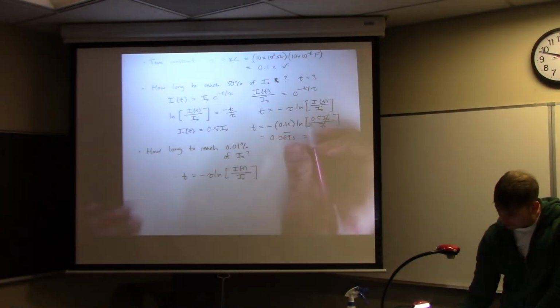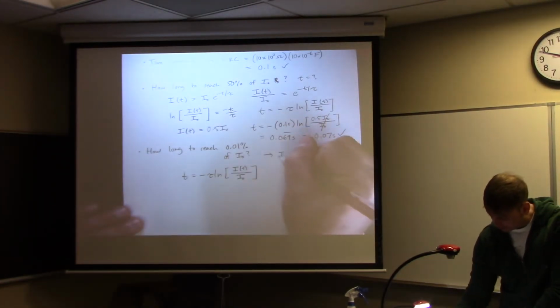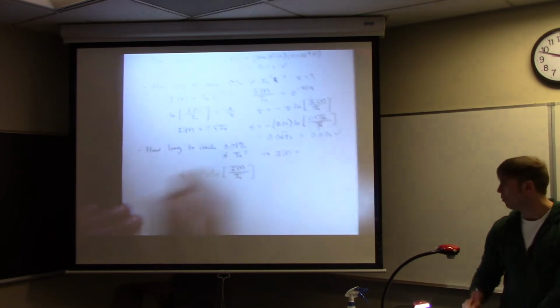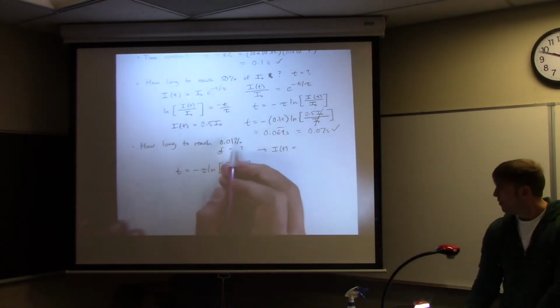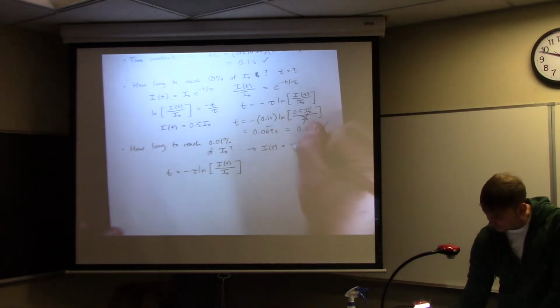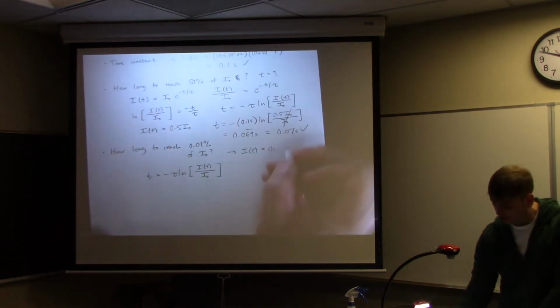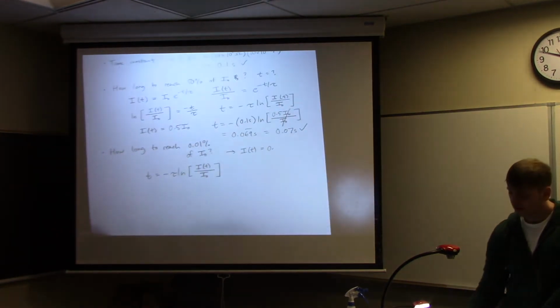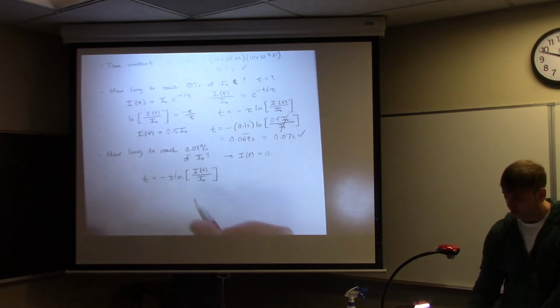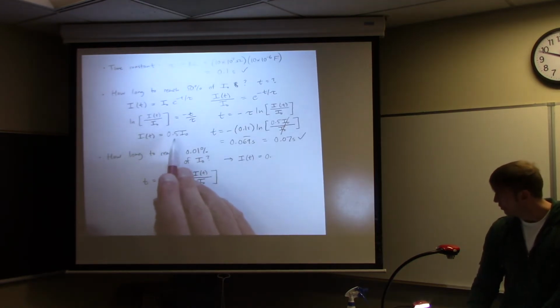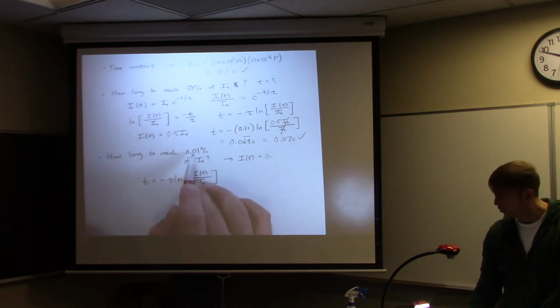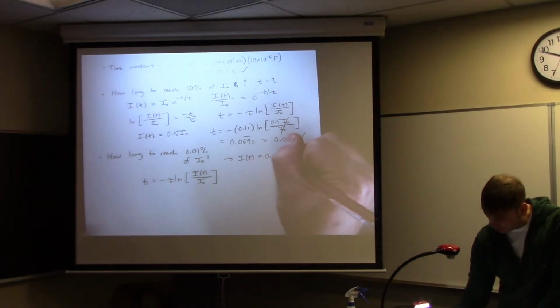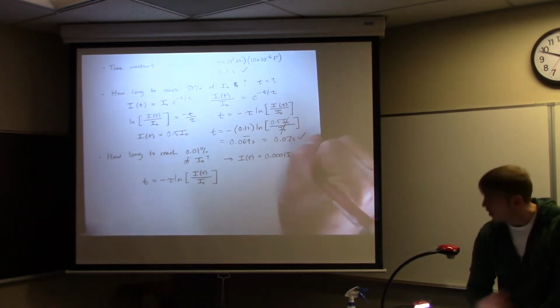And in this case, what are we going to put in for the current at time t? If this is a percentage, to make this a fraction, we have to divide by 100, just like 50% is 0.5, 0.01% is actually 0.0001 times I naught.